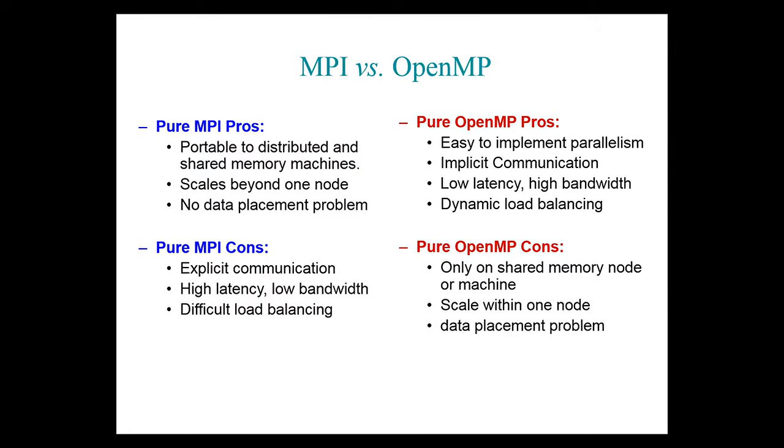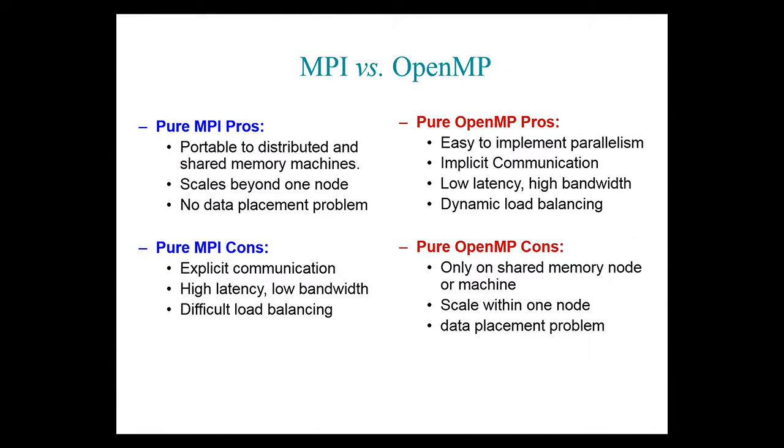There's some barrier or implicit barrier there, so you don't need to worry too much. So it's a low latency, high bandwidth solution. And load balancing is an issue as well, but mostly it can be handled by dynamic loading.